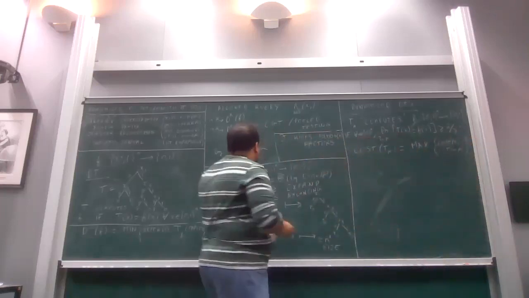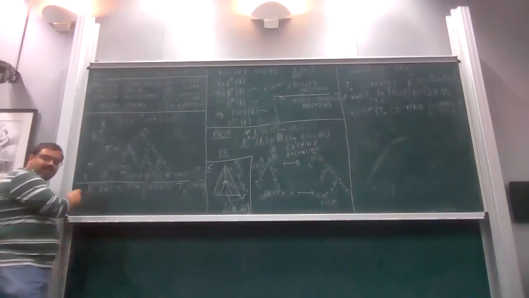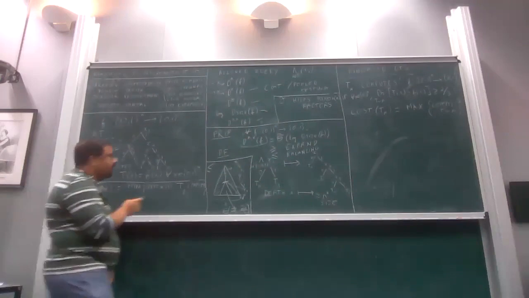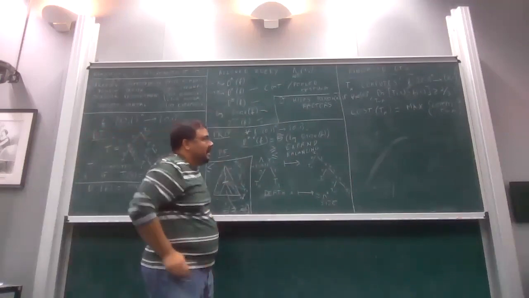Now the cost here could be any of these measures that I spoke about: the depth complexity, the query complexity, the AND complexity, OR complexity, parity complexity, size complexity.